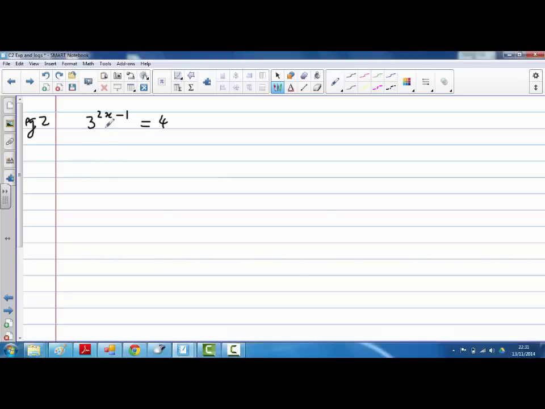Let's look at example 2. This time a bit more complicated. You might want to pause the video and have a go. So we'll take the logs of both sides. This gives us log 4.